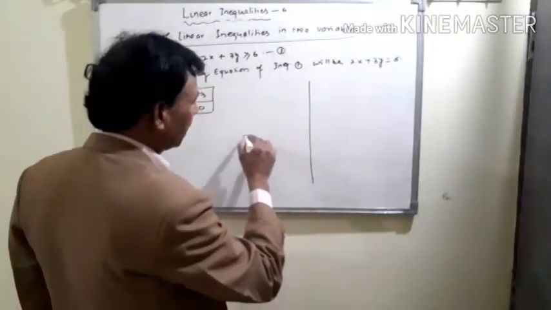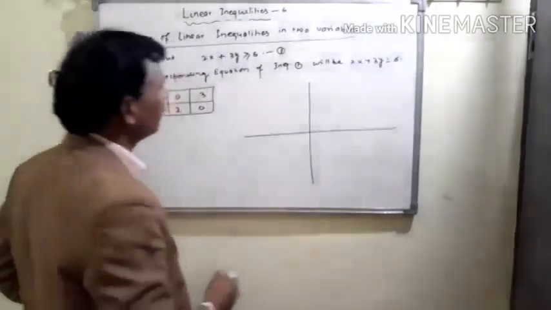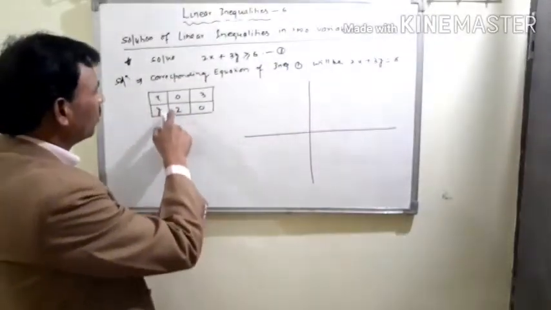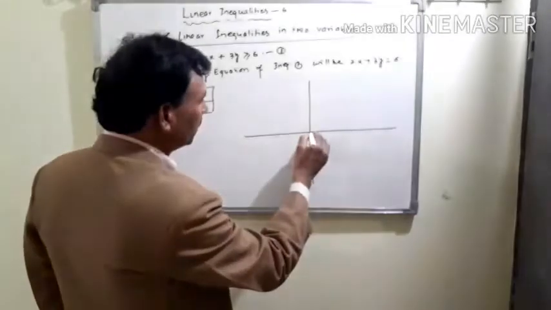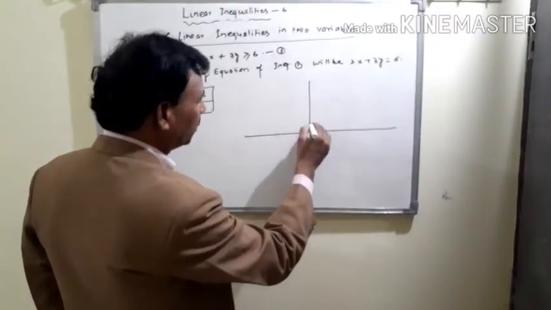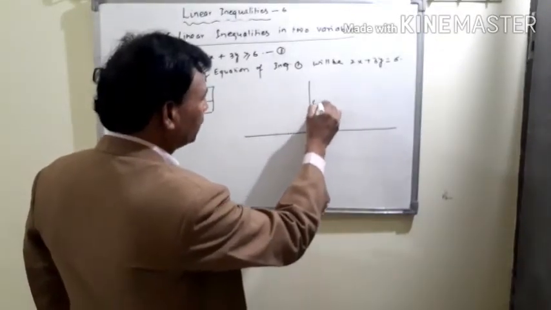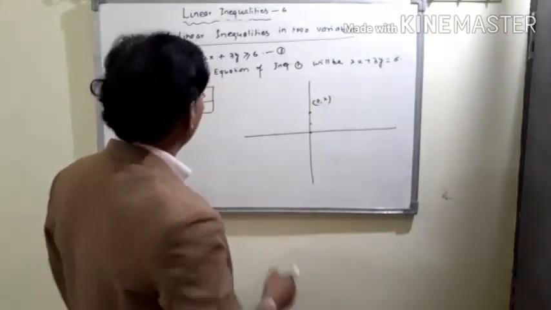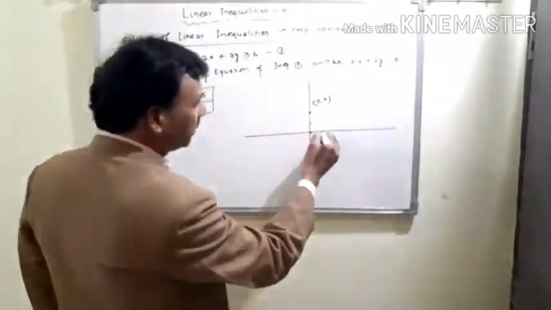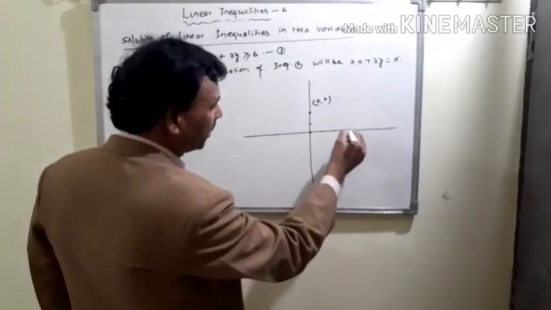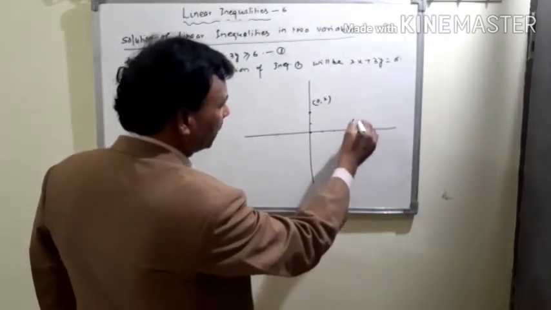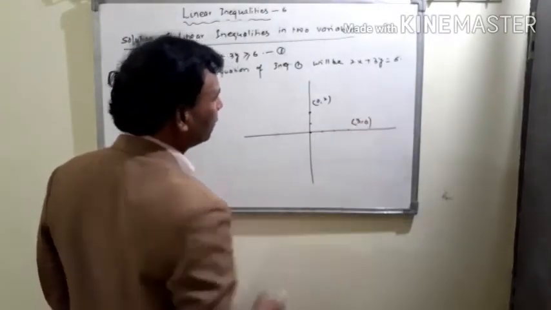Then we will draw the graph of this line. The points will be 0, 2 and 3, 0. That means on the x-axis 1, 2, 3, and this point will be 3, 0.